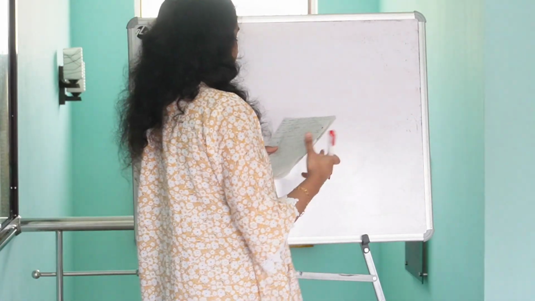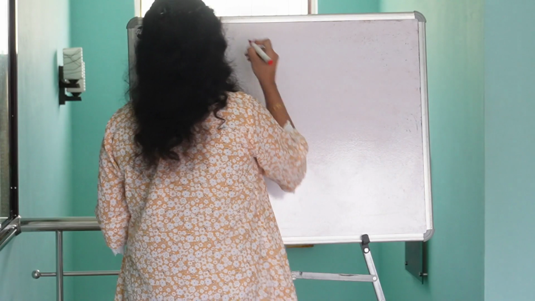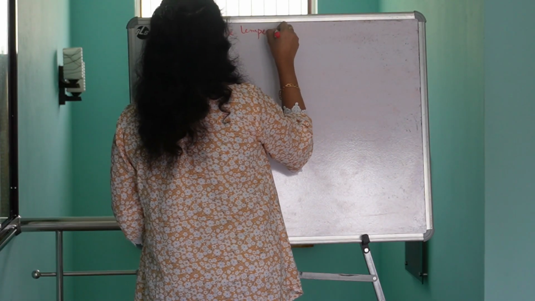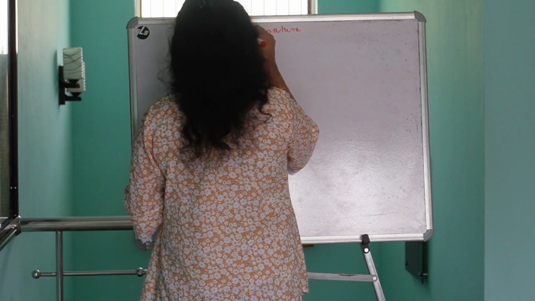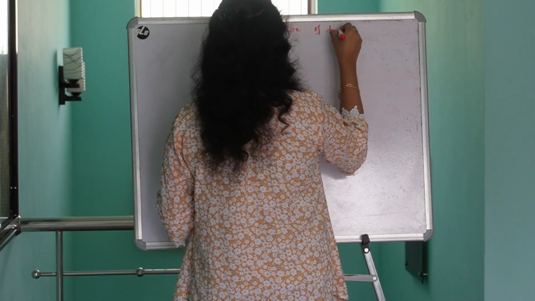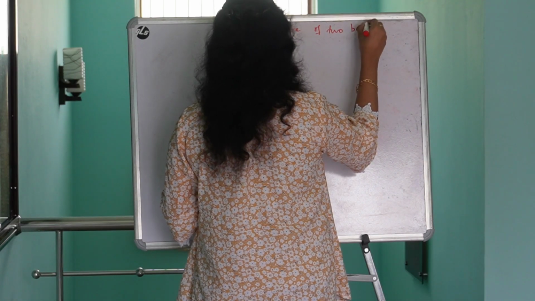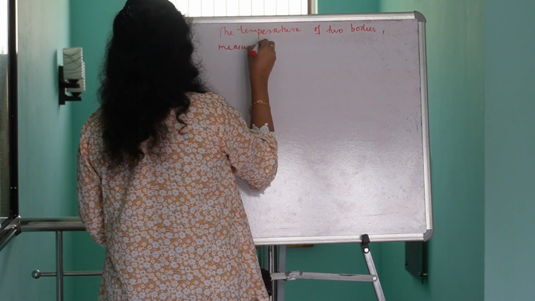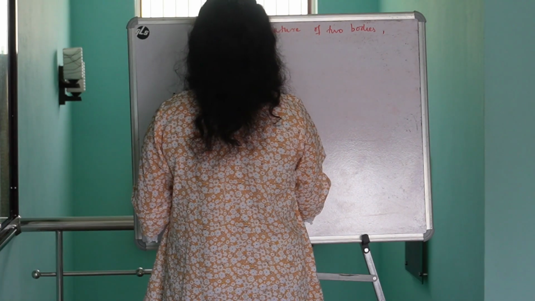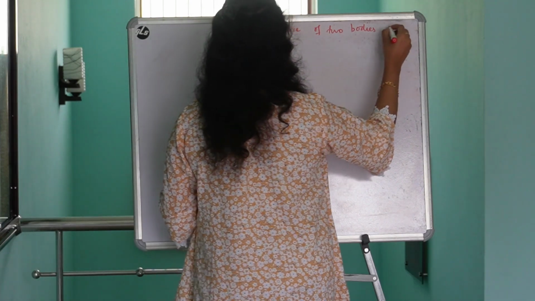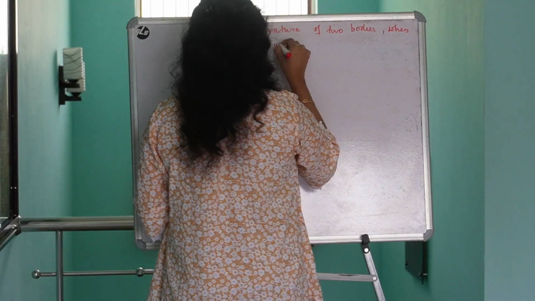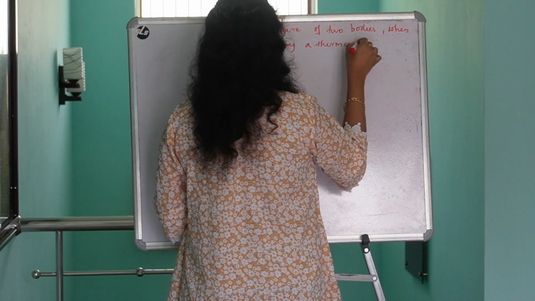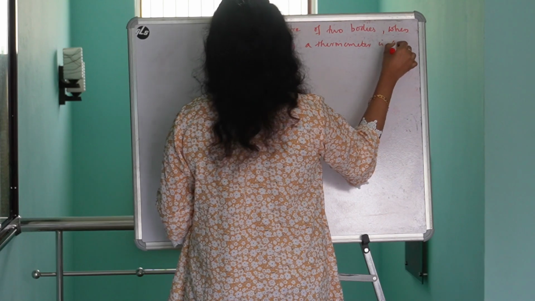So the first question is: the temperature of two bodies, when measured using a thermometer, is as follows.